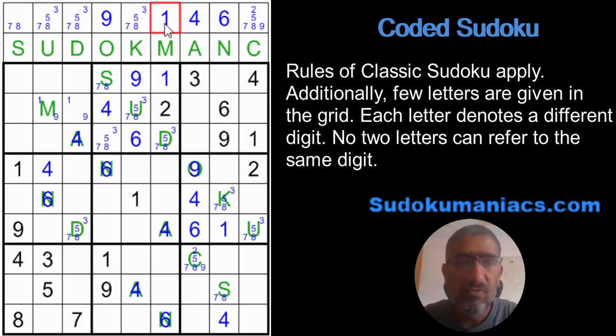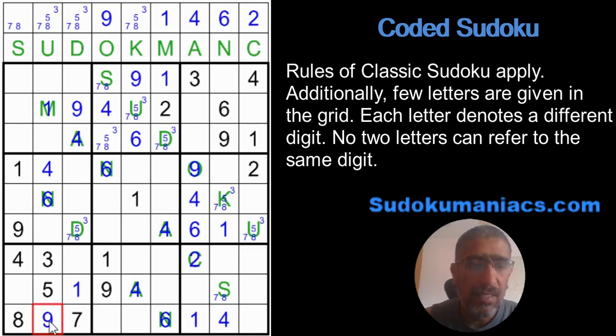M was a 1, and again C was a 2. So using this, it has helped me eliminate the possibilities. M is a 1, this is a 9. So by classic rules, I have wrapped up the ones. 9, 9. This can't be a 9, that's a 9, and this is a 9, right? 2.